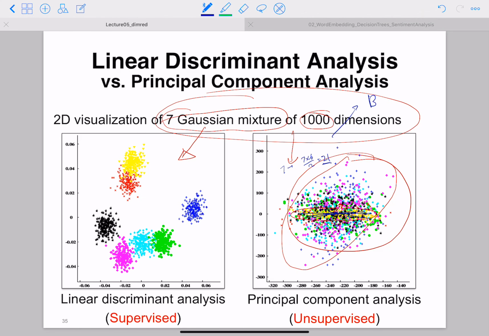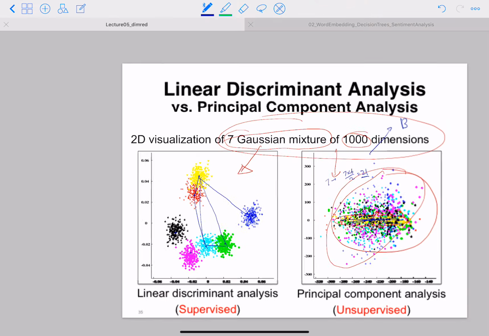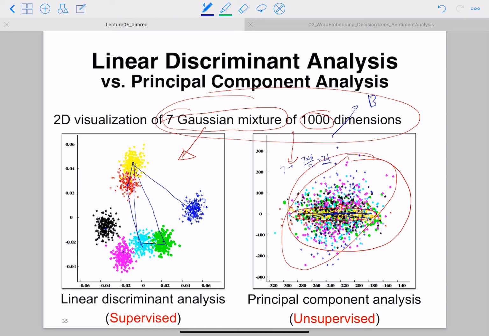So in the case of this result, each centroid is over here, and the between cluster distance is something like this, this, this, and that, and so on. We have 21 different pairs, so we take the average of these between cluster distances, and this one is clearly larger than the PCA one.